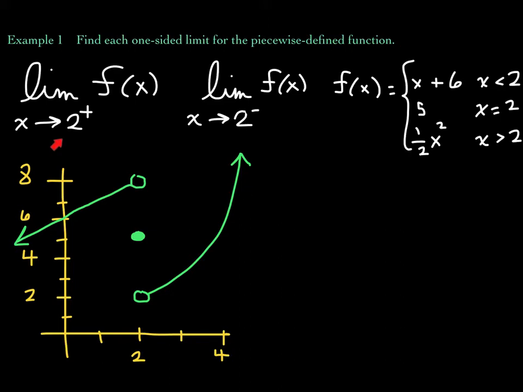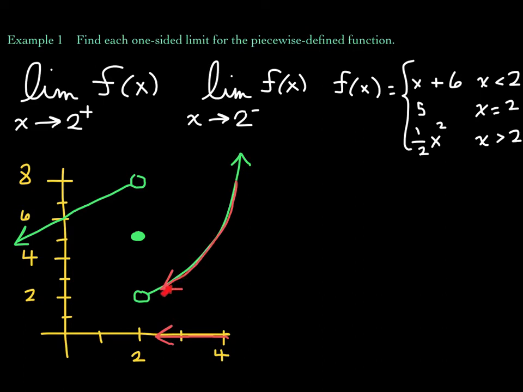right-hand limit. We have to consider what is happening to our function values as x approaches 2 from the right. So let me show you. My x values are approaching 2 from the right, and my function values are approaching what value?